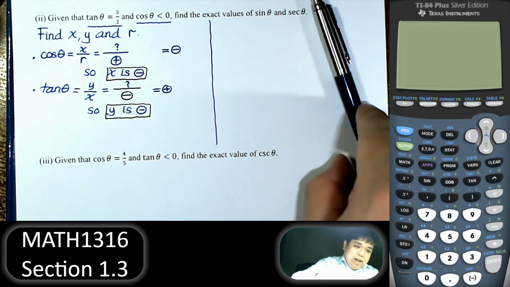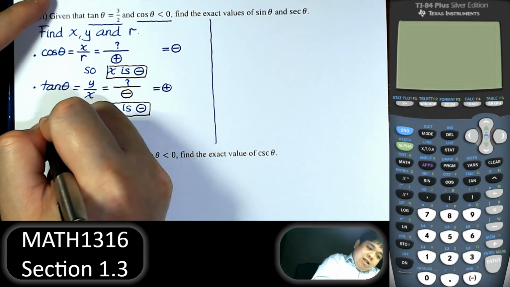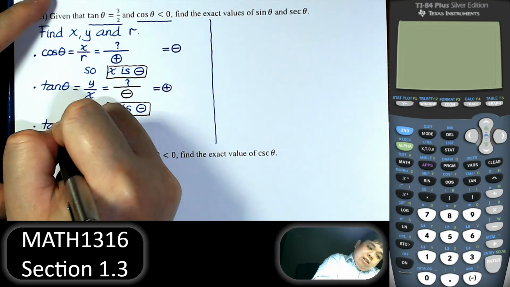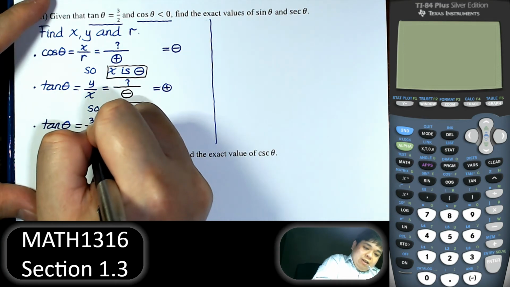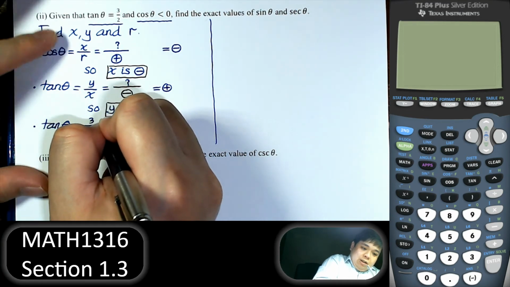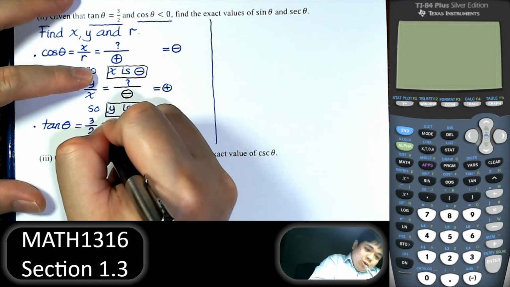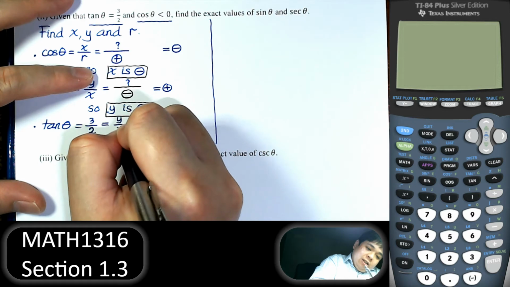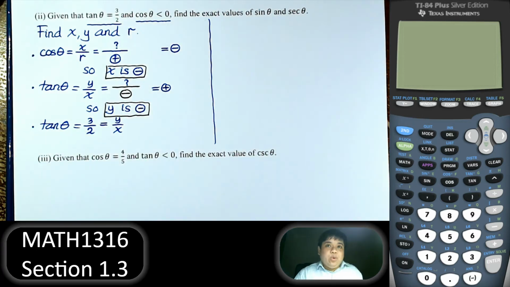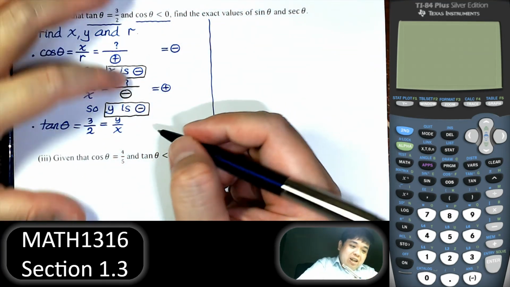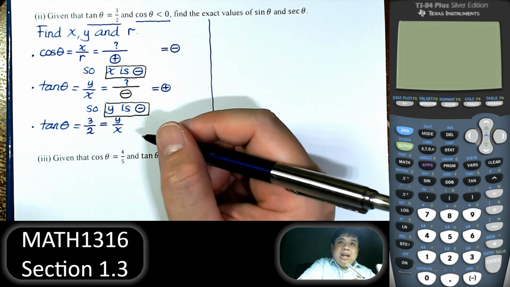And then tangent is equal to 3/2, and that is also equal to y/x. So naturally we could say y is 3 and x is 2, but no, because we know the signs here, we have to choose y to be -3 and x to be -2.